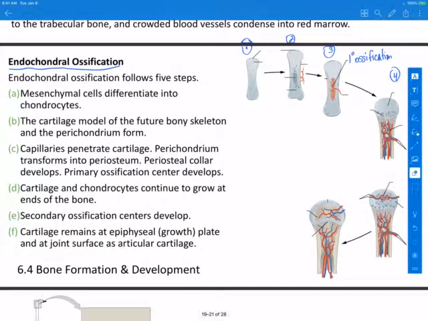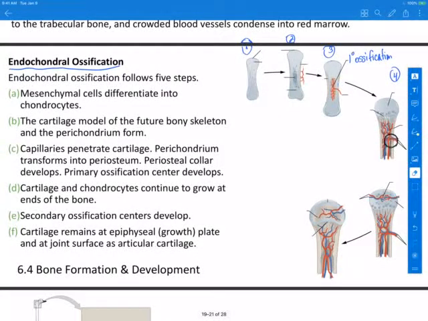Well, the bone collar, the cartilage and the chondrocytes, continue to grow at the ends of the bones, which you can see here, while the medullary cavity is expanding and remodeling. How we get the medullary cavity is that this bony collar around the superficial part of the diaphysis, the shaft, prevents nutrients from diffusing to the center of the hyaline cartilage, and so the chondrocytes on the inside of the diaphysis die.